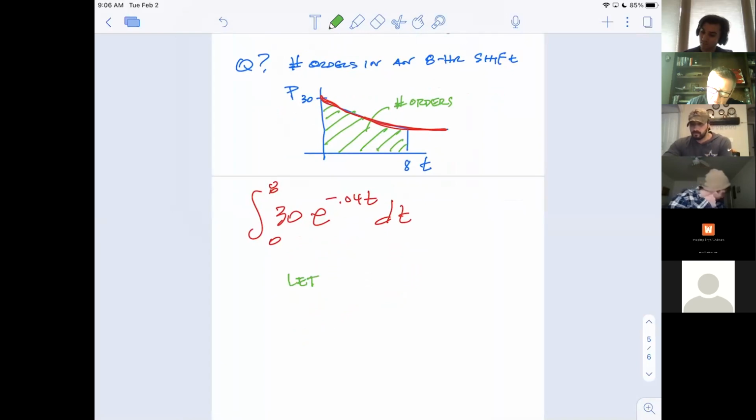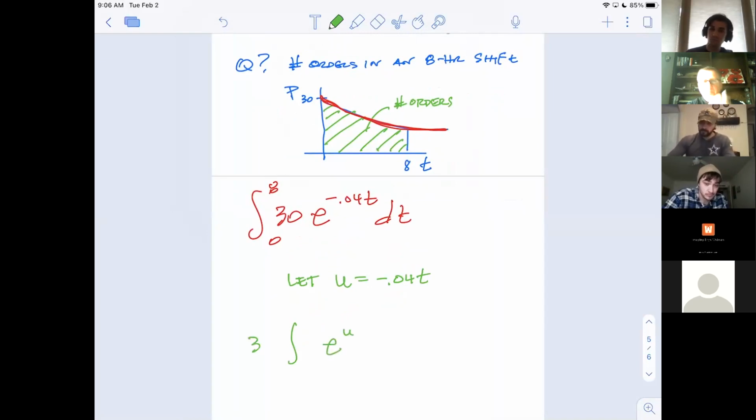So did you start by letting u be equal to negative 0.04t so that the problem became just e to the u? And that 30 can come out front. I know how to take the integral of e to the u. It's e to the u. That gets rid of that 0.04.